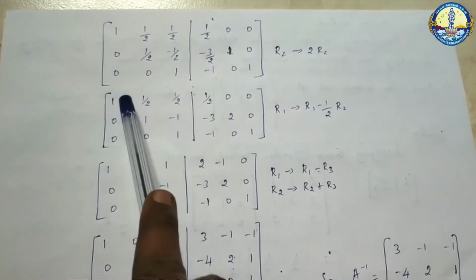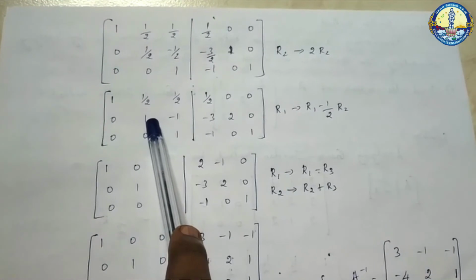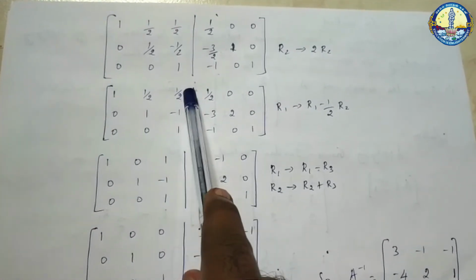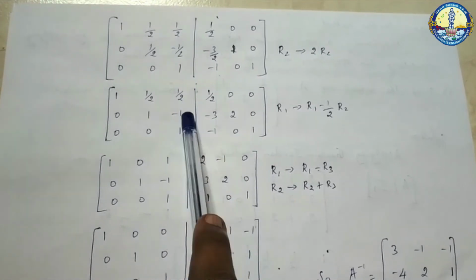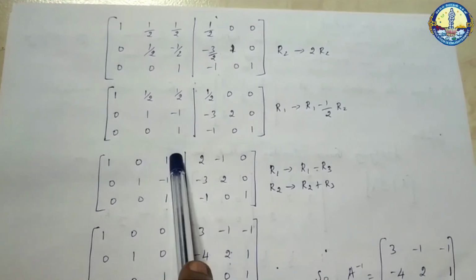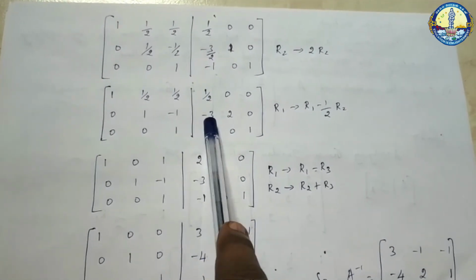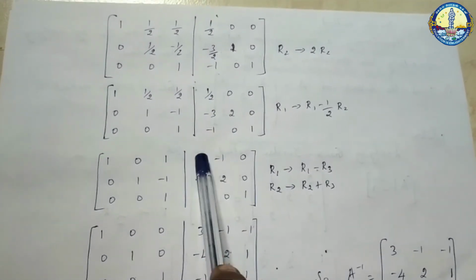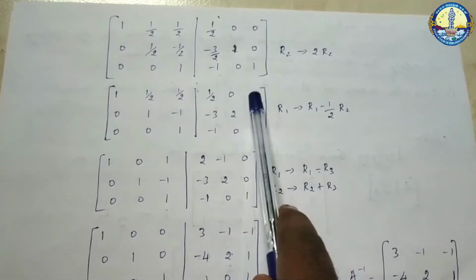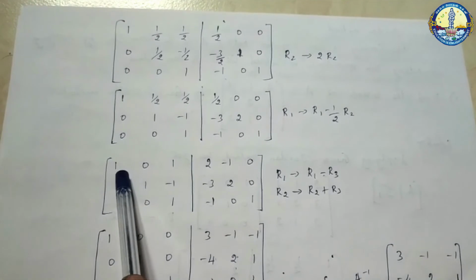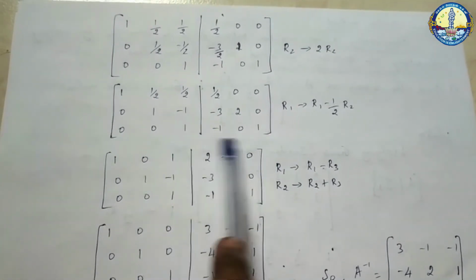So R1: 1 minus 0 is 1, 1 by 2 minus 1 into 1 by 2 is 0. Then 1 by 2 plus, minus is already there, minus minus becomes plus, so 1 by 2 plus 1 by 2 is 1. Here 1 by 2 plus 3 by 2 is 4 by 2, which is equal to 2, and here 0 minus 2 by 2 is minus 1. Here 0 minus 0 is 0. So R1 is 1 0 1, 2 minus 1 0. R2 and R3 as it is.